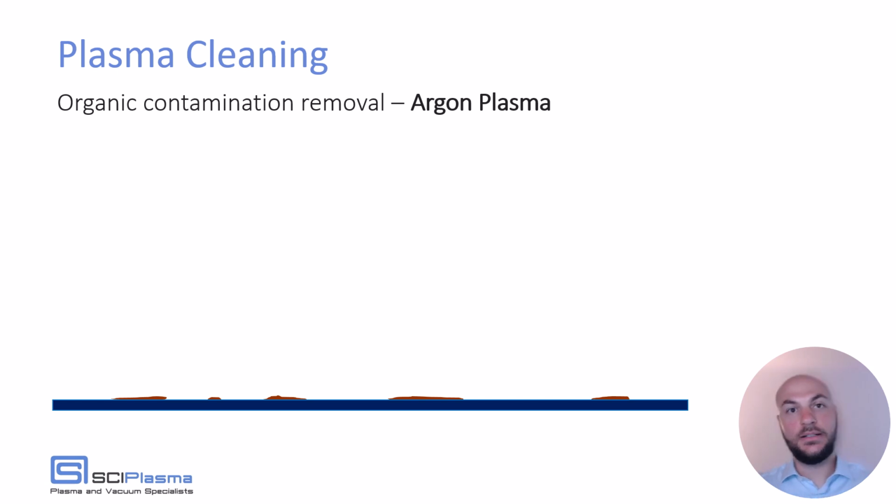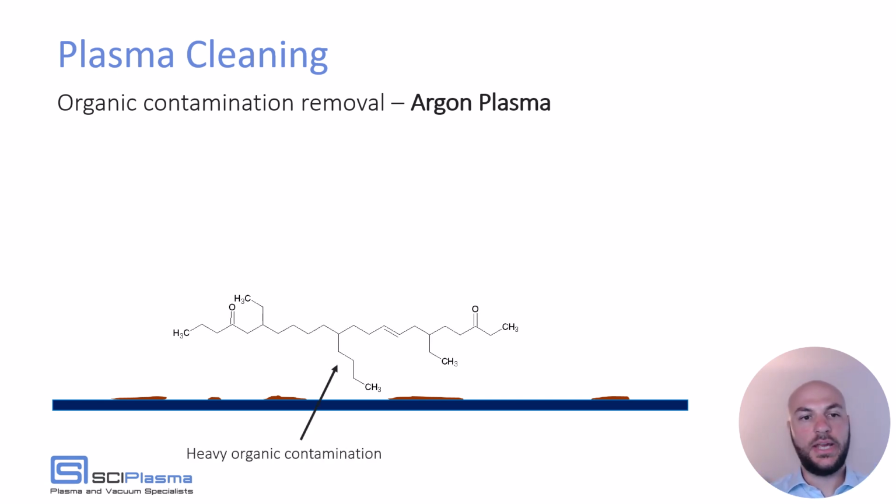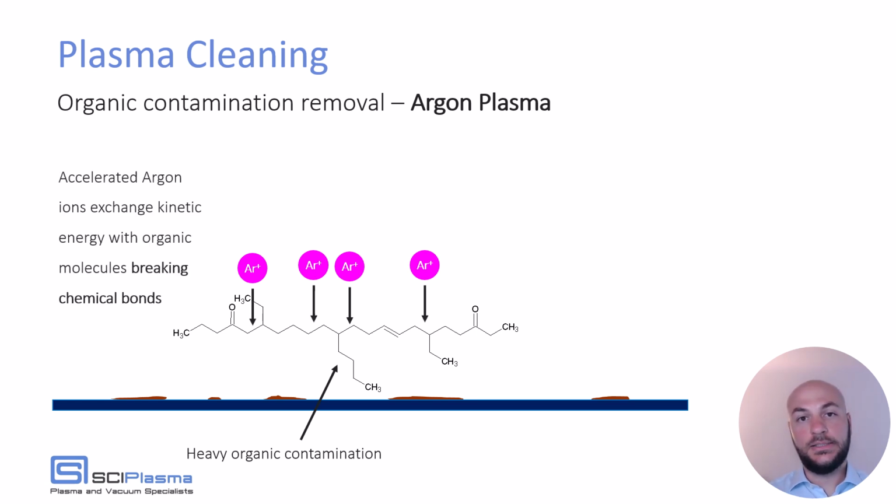When I say start breaking down the contamination, what I mean is that we have heavy organic compounds, very long, which do not evaporate from the surface. Once the argon ions interact with them, they exchange energy, and if this energy is high enough, it can break chemical bonds.